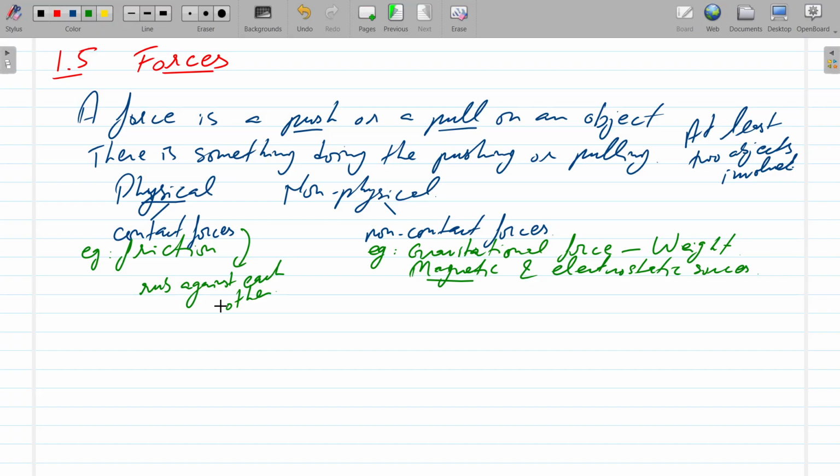Obviously the mass of the object as well and the size and all of those factors, but when you're pushing a box, it is rubbing against the floor. Or when you're walking, or running, or driving a car, friction comes into play. Those are two physical objects coming into contact, exerting a push or a pull depending on the situation.